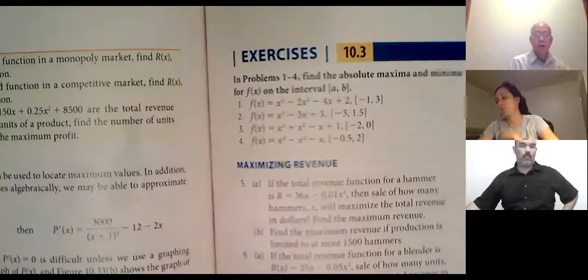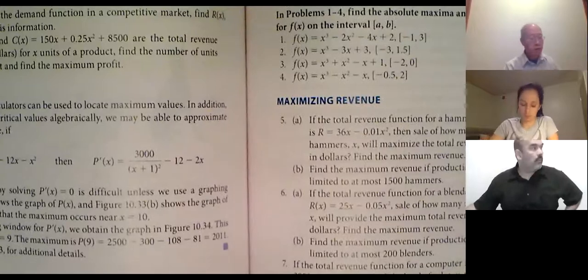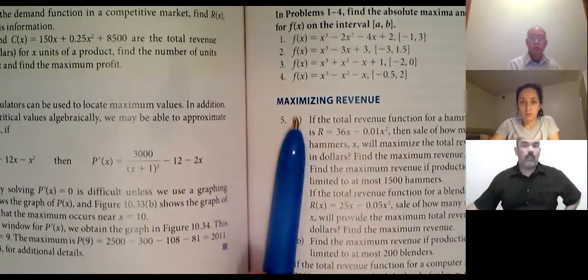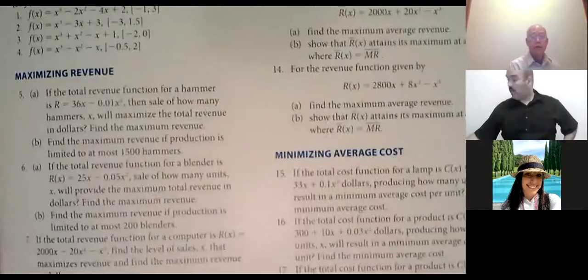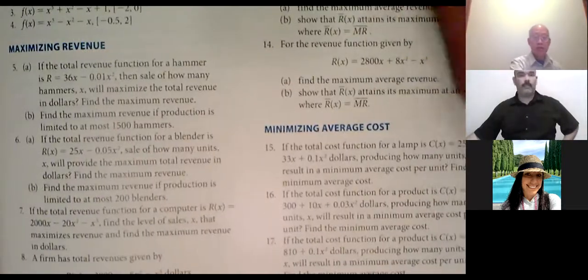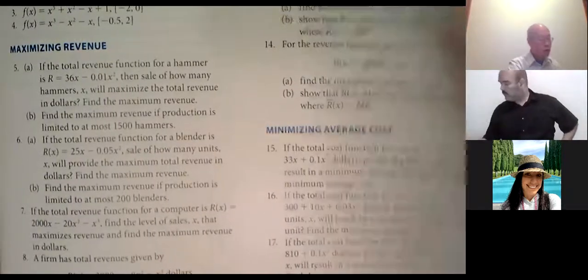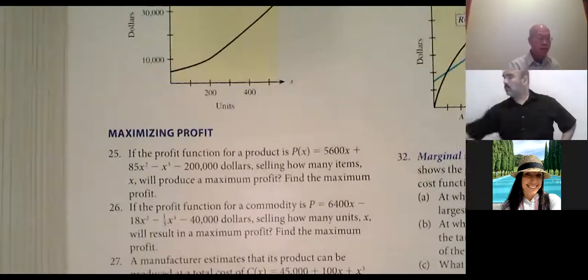Okay. The rest of the problems: maximize revenue, minimize average cost. That's normally what you want to do when you're doing a business, right? Maximize profit.